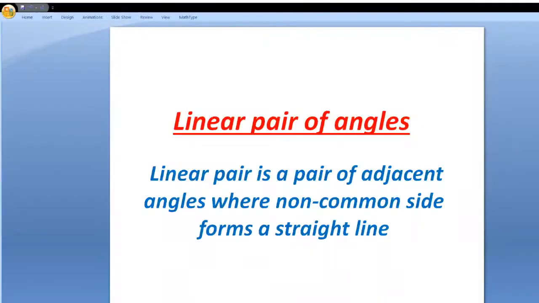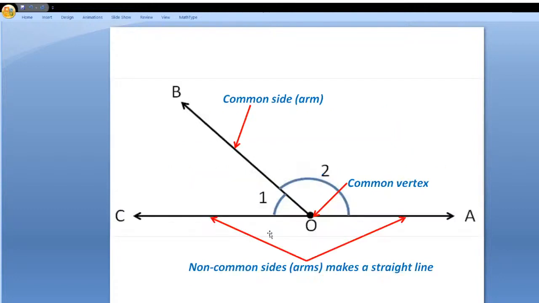Now note down and draw this figure in your notebook so you can easily understand: common side, common vertex, non-common sides make a straight line. It's easy to understand now.